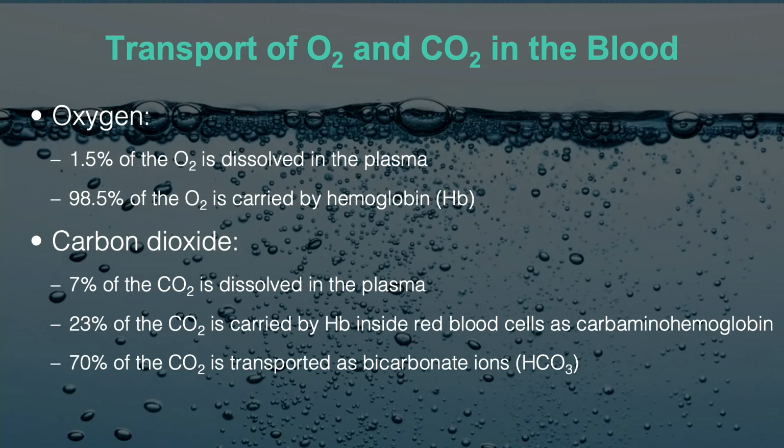We'll see the reaction later. CO2 is taken up. The enzyme carbonic anhydrase makes bicarbonate. The bicarbonate dissolves easily in the blood and is carried through the venous system to the lungs. 70%, almost 3/4 of CO2 is transported as bicarbonate.